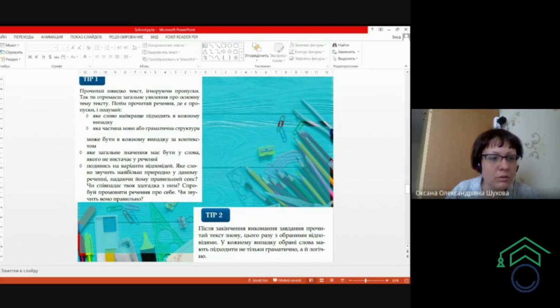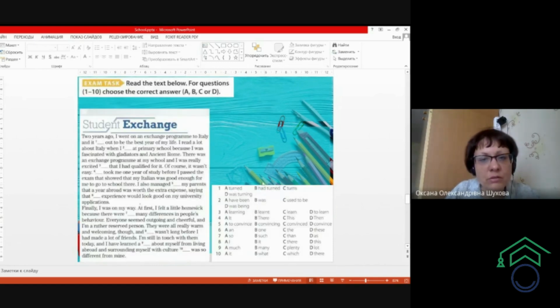Тобто, ось перше завдання з Use of English, ось це, яке ви бачите на екрані, це завдання граматичного характеру, тобто воно спрямоване на перевірку знань часів, використання різних частин мови, артиклів і так далі. Тобто, спочатку ми читаємо текст, ігноруючи пропуски.